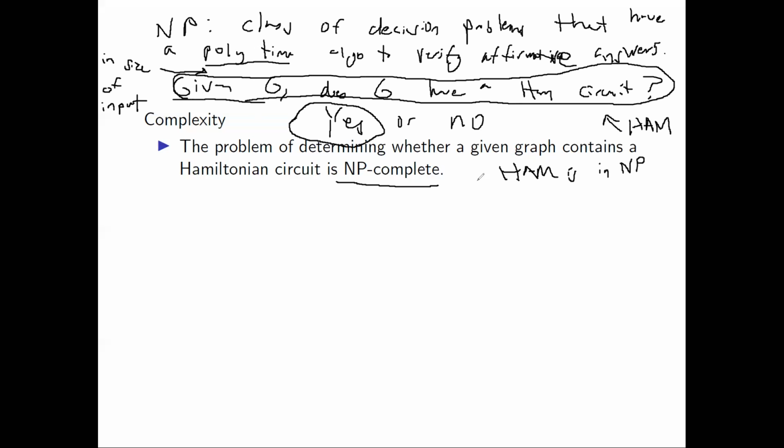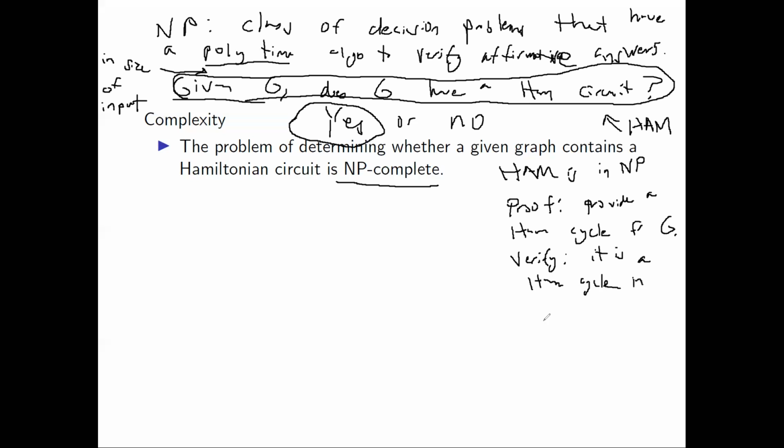Why is that? Well, I claim that when the answer is yes, we can verify that the answer is yes in polynomial time. In order to do that, we have to provide proof of the answer, and then we have to have some way to verify that proof in polynomial time. So the proof of the answer is we provide a Hamiltonian cycle. And then we verify it is a Hamiltonian cycle.